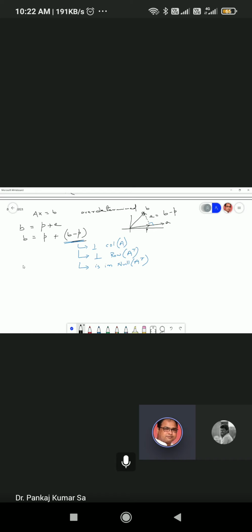Ax equal to b. Let me pre-multiply it with A transpose. Why should I pre-multiply? Because I want to get rid of this error term.